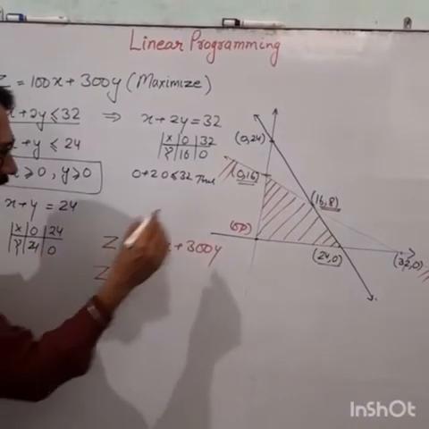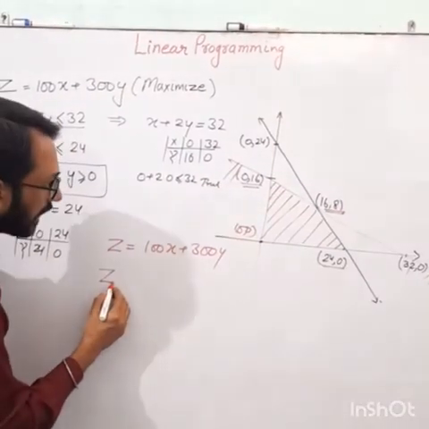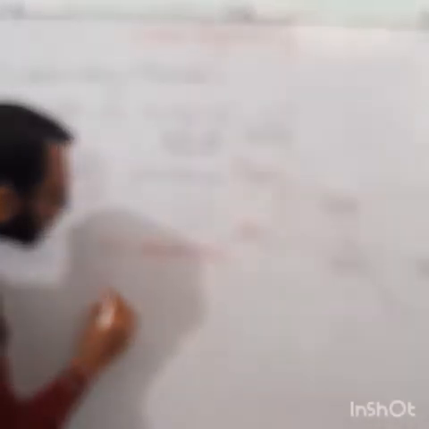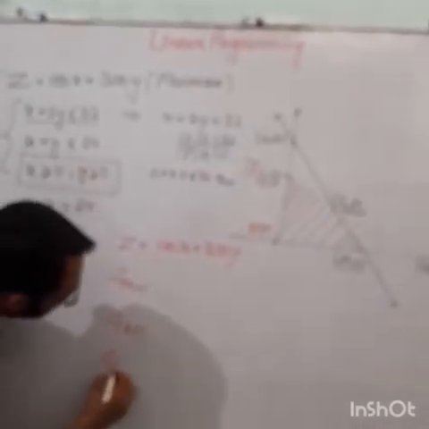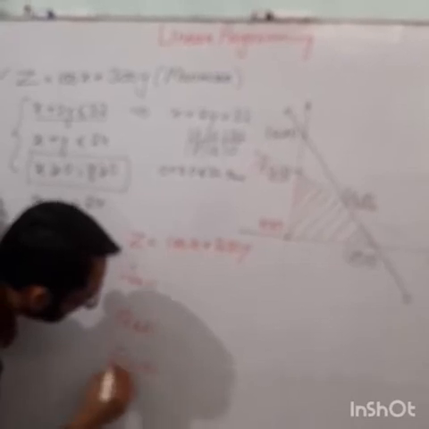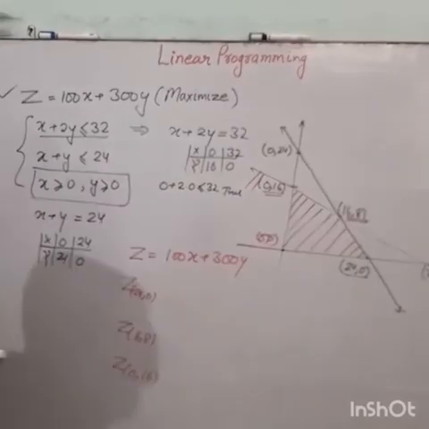So the three corner points are 24, 0, another is 16, 8, and the last one is 0, 16. At these 3 points we are going to calculate the value of z.